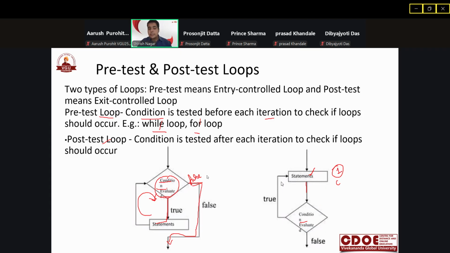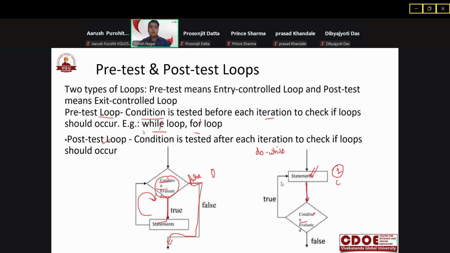But in the pre-test case, the minimum number of times the statement will get executed is 0. Because if the condition is false right in the beginning, you will not even enter into the loop. But in post-test, you execute the statement first and then check the condition. So even if the condition is false, the minimum number of times you have executed the statement is 1. So this is where we use do while. We use two keywords, do and while. I'll tell you how they are used.